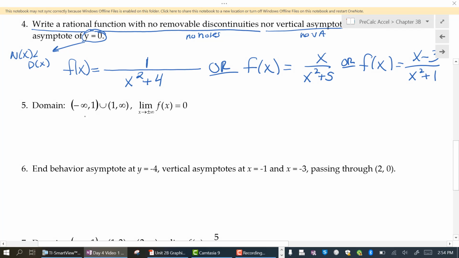In 5, they give me a domain saying that I have an excluded value at 1. And my limit as I approach positive or negative infinity is 0, meaning my end behavior asymptote is at 0. And so again, that means that the degree of my numerator and the degree of my denominator are the same. But I do have a vertical asymptote at 1.